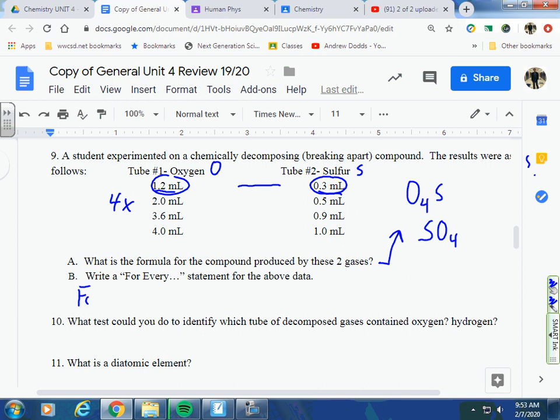So that means for every 1 sulfur atom, there are 4 oxygen atoms.